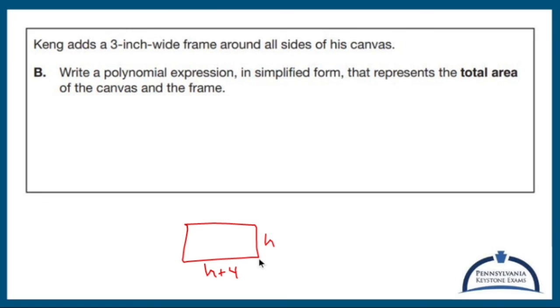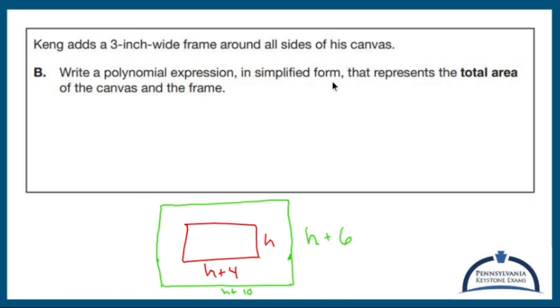But what that does is that extends this guy out 3 inches, that out 3 inches, which makes this whole width h plus 4 plus 6, which is h plus 10. And along with that, you have h go 3 that way, go 3 that way, h plus 6.